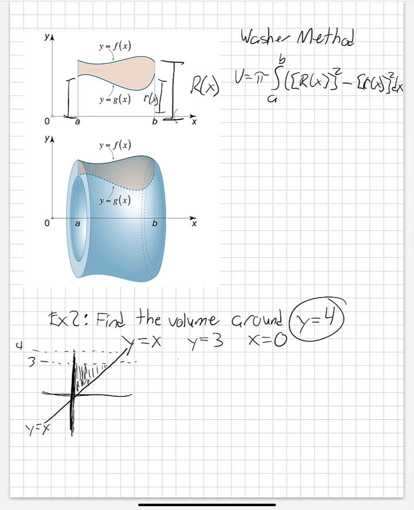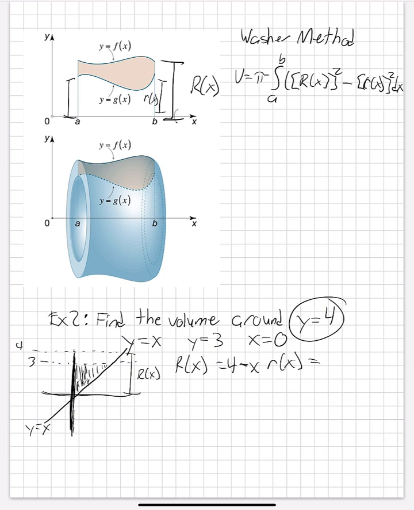So what I have to develop is my capital R of x and my lowercase r of x. My capital R of x, again, represents the region from the axis of revolution to the bottom or the top of the function. Well, my function is really x here. So my capital R of x will be my top curve, so to speak, which is 4, minus my bottom curve, which is x.